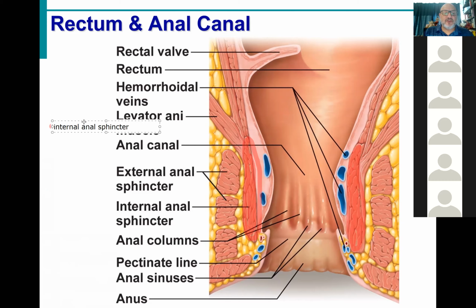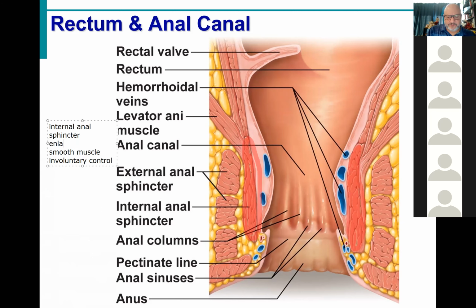As it is an enlargement of the circular layer of the alimentary canal, it is, of course, smooth muscle. And of course, if it is smooth muscle, we have an involuntary control for this particular smooth muscle. And again, let's emphasize this.